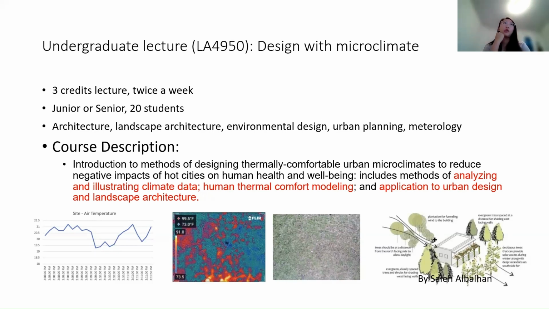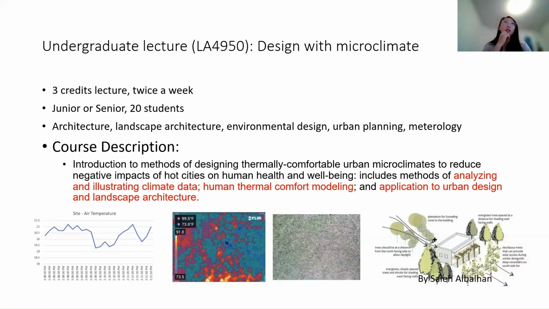We have junior and senior undergraduate students and some graduate students, 20 students together. In terms of major, we have students from architecture, landscape architecture, environmental design, urban planning, and meteorology.